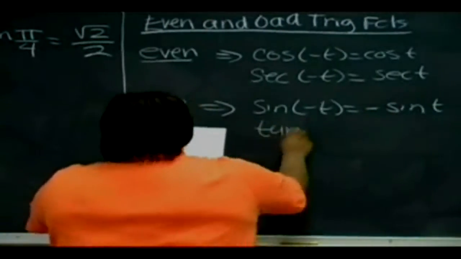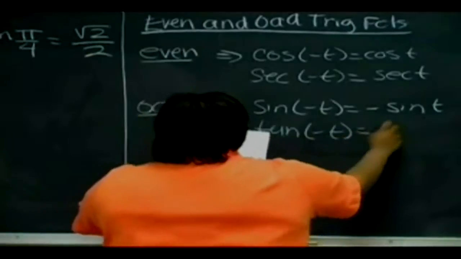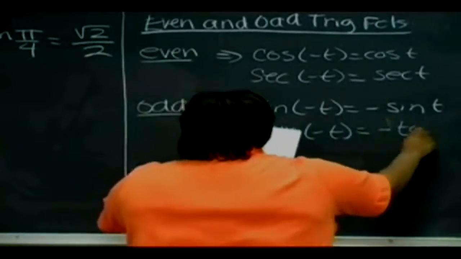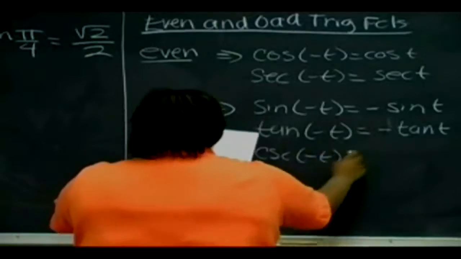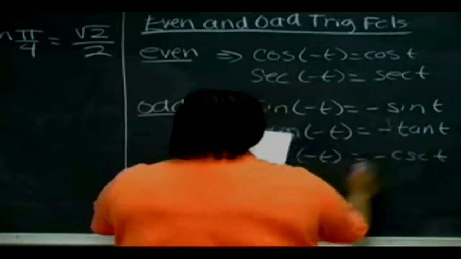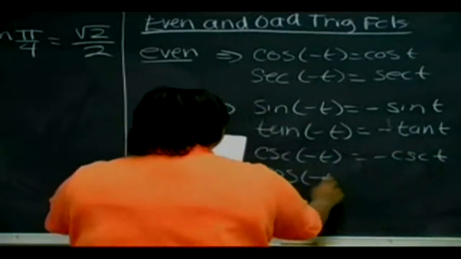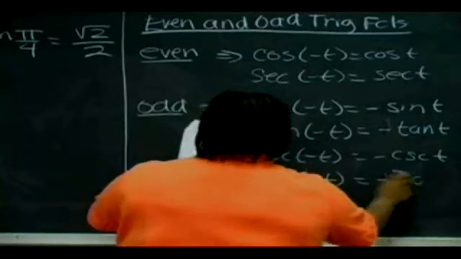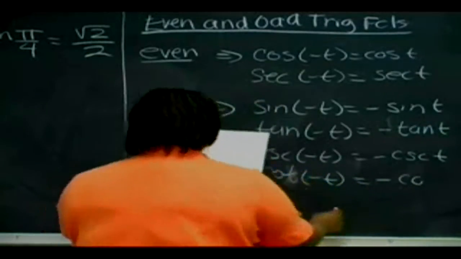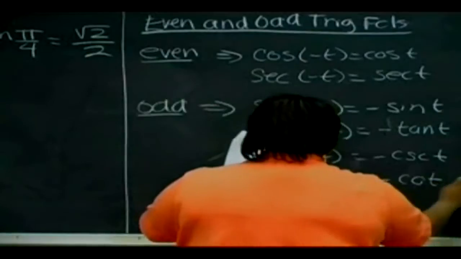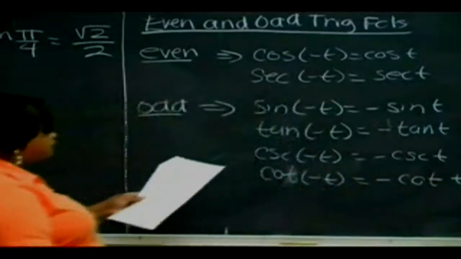Tangent is a negative function. Cotangent is negative. Okay?